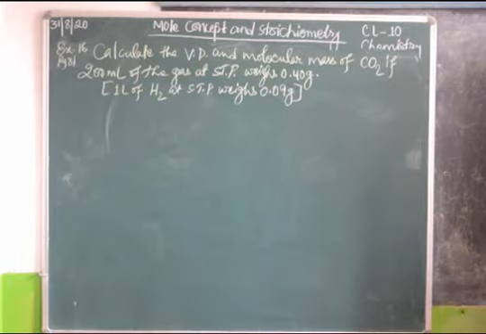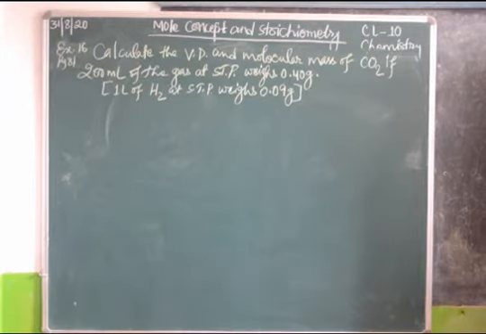Now what is the thing here? You can see here volume of carbon dioxide is given in milliliter, but volume of hydrogen is given in liter. So you need to convert volume of carbon dioxide also in liter.